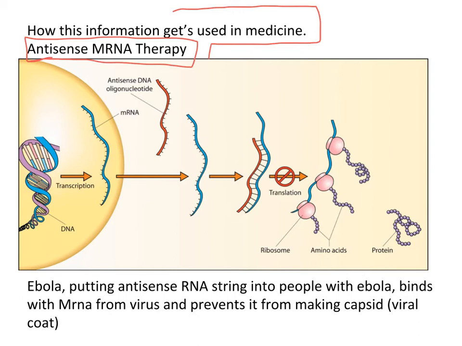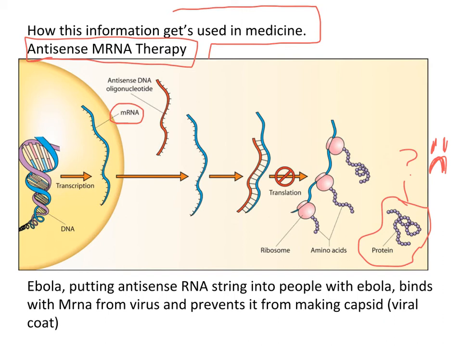So recall, we have the mRNA, right? So this is the mRNA. It's making a specific sequence. This sequence is going to get coded for a protein. Well, what's going to happen if this protein is bad? If it's something that makes you sick? Is there a way we can stop the body from making this protein?